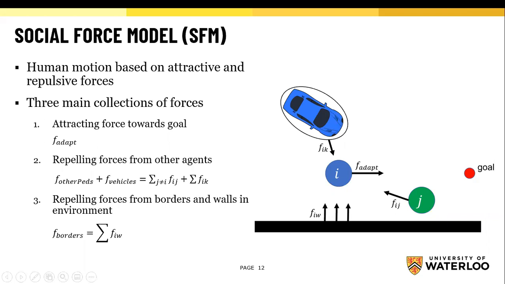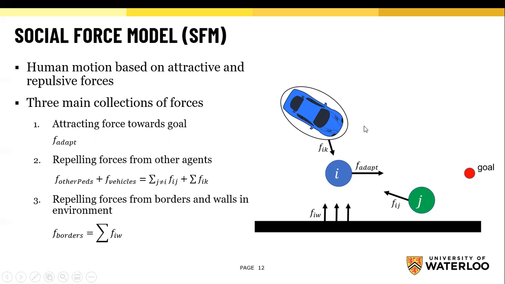And the second collection is repelling forces from other agents, so other vehicles and other pedestrians. So they have repelling forces to represent the tendency to not get too close to other pedestrians and not collide with other agents.